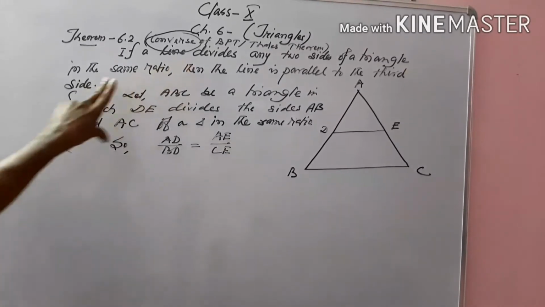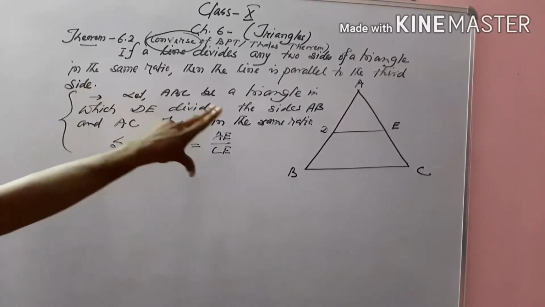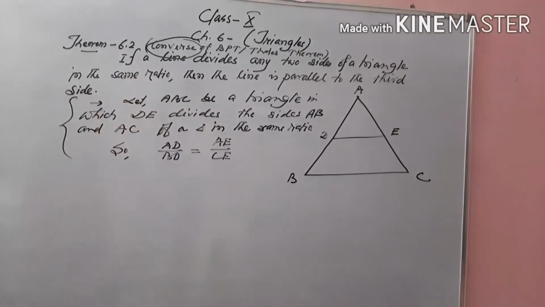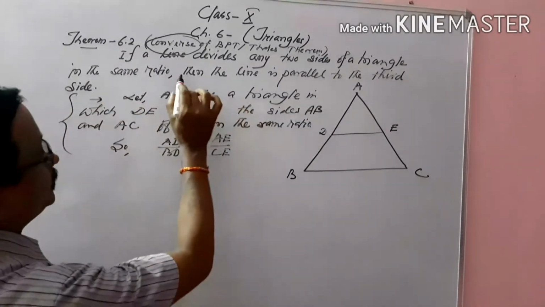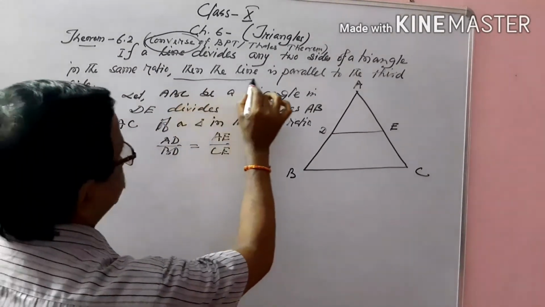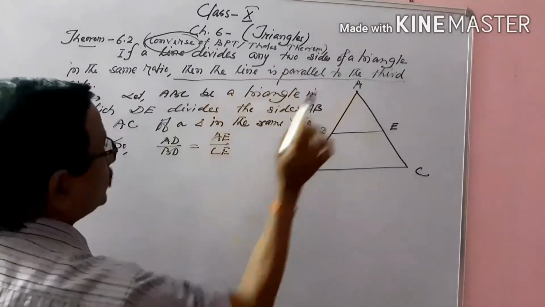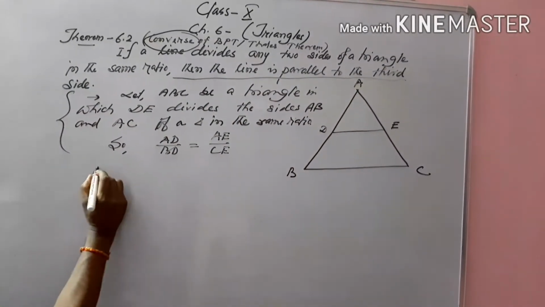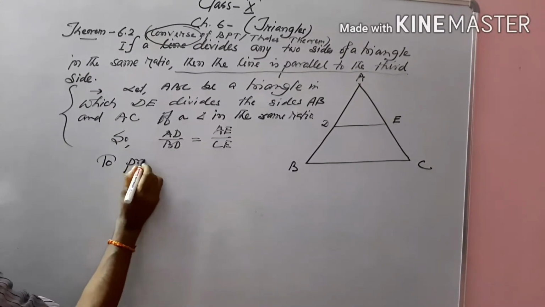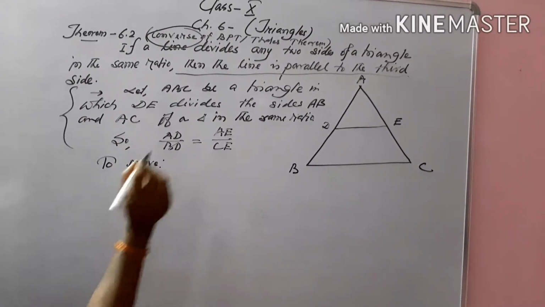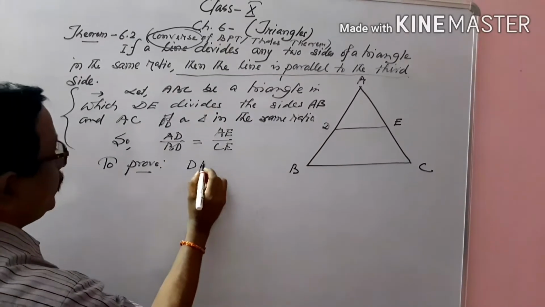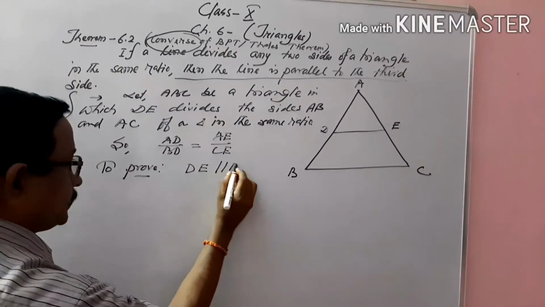I think this part is clear, what is given in the theorem. But what is to be proved? The line is parallel to the third side. So we have to prove DE parallel to BC.